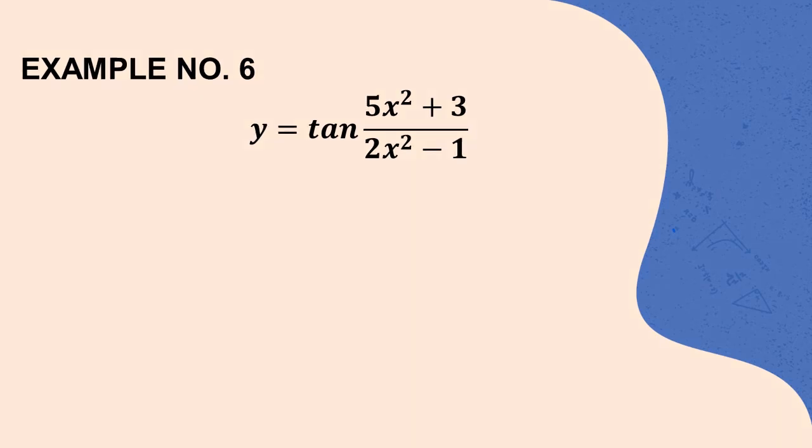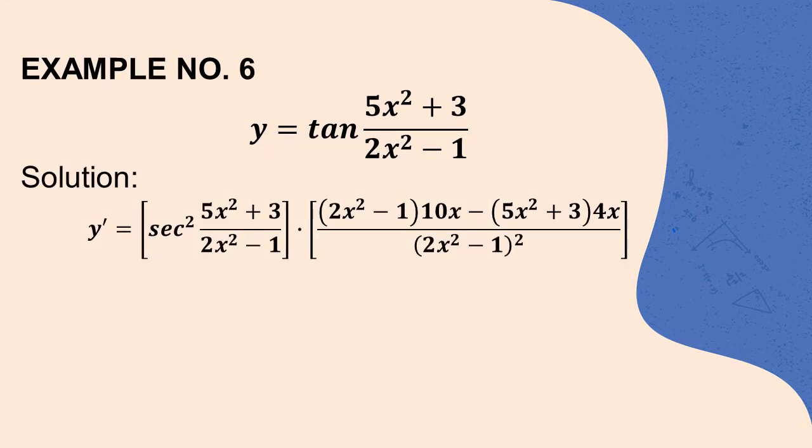Example number 6, we have y equals tan of quantity 5x squared plus 3 all over 2x squared minus 1. Now, for the solution, we have y prime equals the quantity sec squared of 5x squared plus 3 all over 2x squared minus 1, times quantity 2x squared minus 1 times 10x minus quantity 5x squared plus 3 times 4x, all over the quantity 2x squared minus 1 squared.